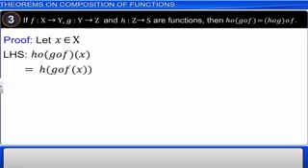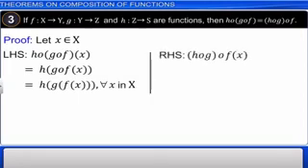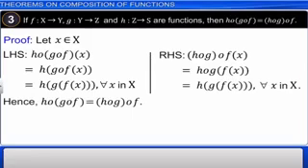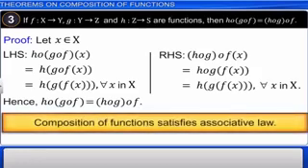This is further equal to h of g of f of x. Now, let us evaluate the right-hand side, which is the composition of the functions f and h circle g. This is equal to h circle g of f of x, which is further equal to h of g of f of x. Observe that the right-hand side and the left-hand side yield the same result. Hence, the composition of functions satisfies the associative law.